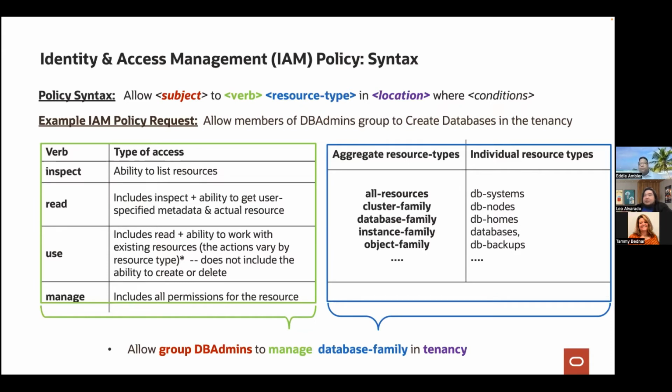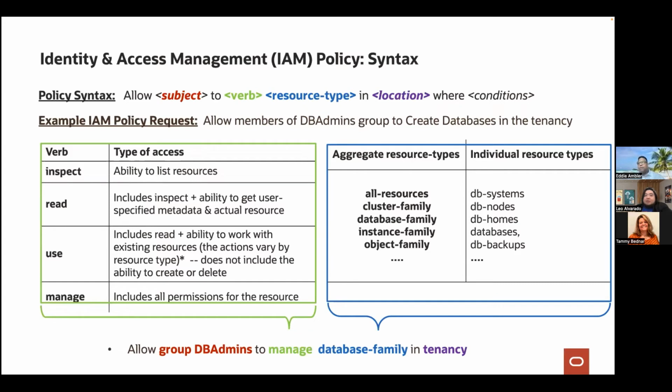For example, in database family, if you're specific to Exadata database service, you have specific resource types for your DB nodes, DB homes, VM clusters. Then after the resource type, I've already allowed my subject to do something to my resource type. And then the next is location. For the location, you can use a compartment or the entire tenancy.